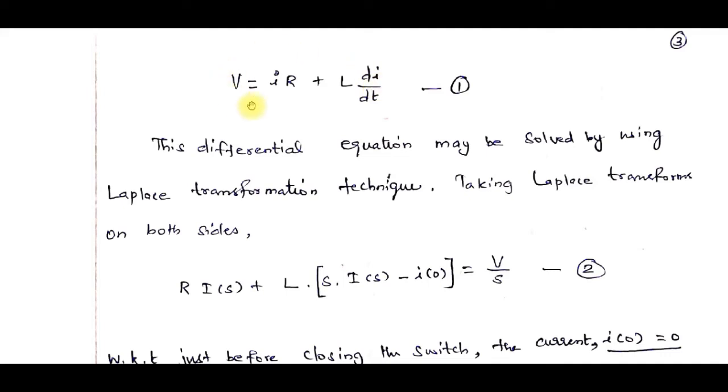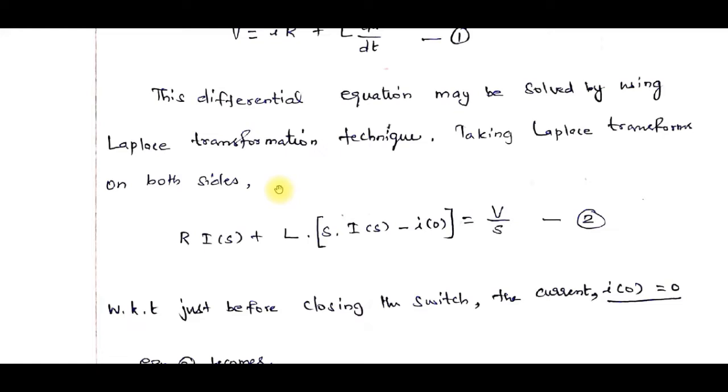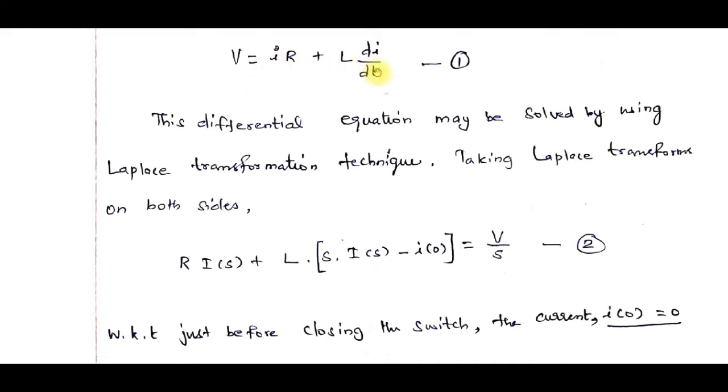For solving this equation, in last class we have seen the differential equation. By integrating we have solved the equation. In this class we are going to see the Laplace transformation technique. We are going to apply Laplace transform for this equation on both sides.